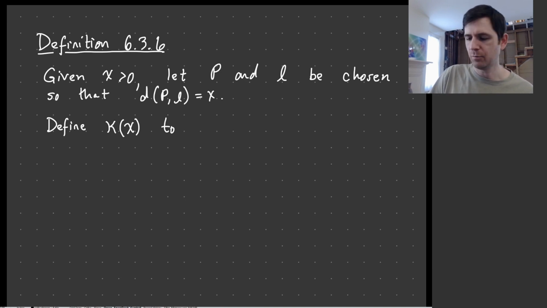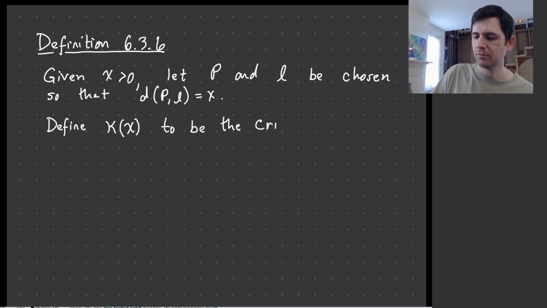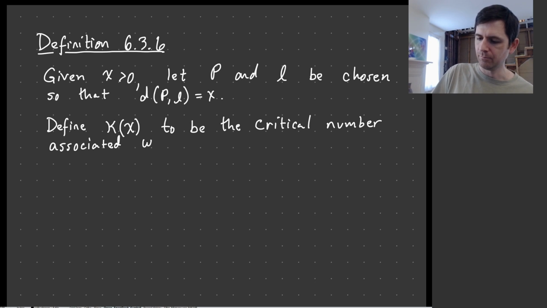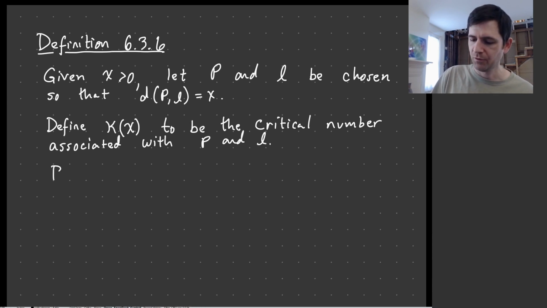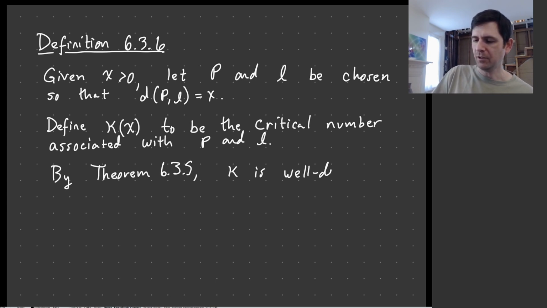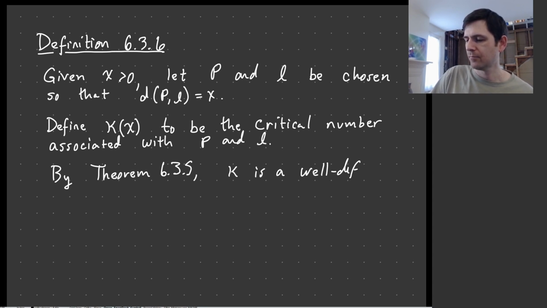So kappa of x to be the critical number associated with P and L. So by the theorem that we just proved, which was theorem 6.3.5, kappa is a well defined function of x.